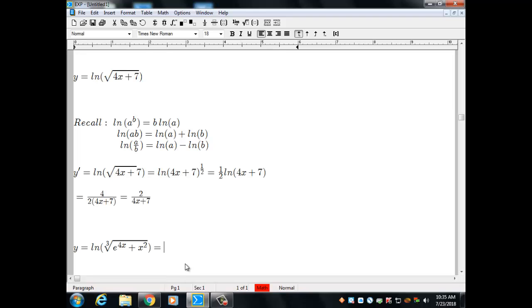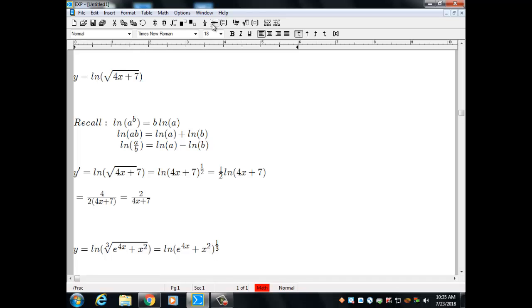So what would this be? So the first thing to do is recognize that this is the ln of e to the 4x plus x squared raised to the 1/3, right?